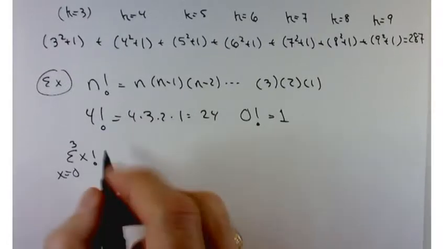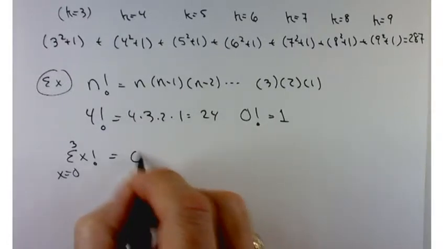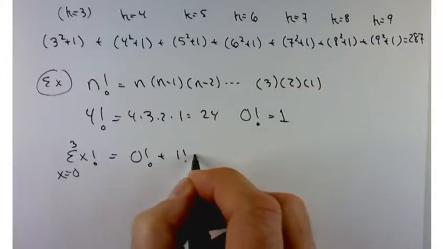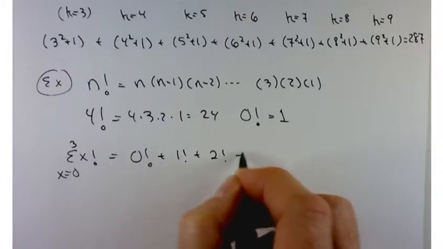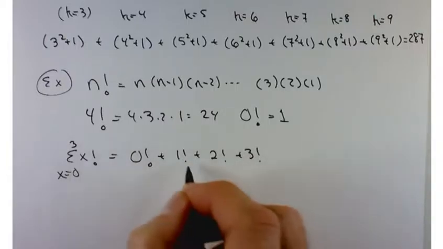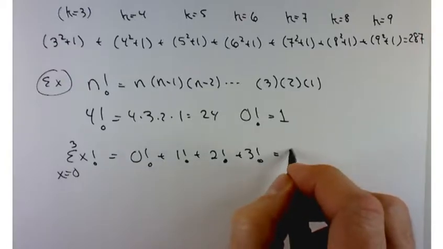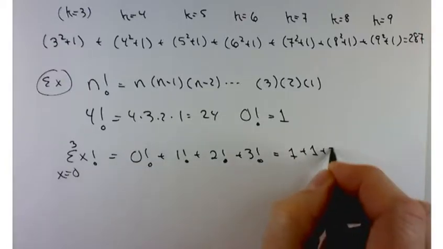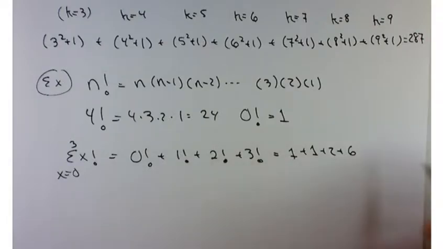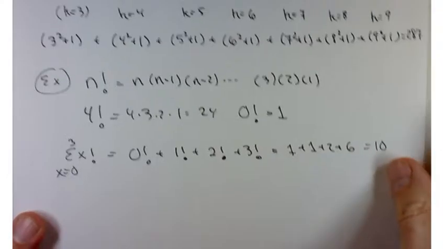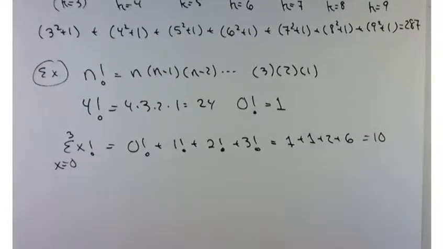What would that be? That would be 0 factorial plus 1 factorial plus 2 factorial plus 3 factorial. So 1 plus 1 plus 2 plus 6 gives me a total of 10. Again, the goal here is to understand this factorial notation and this summation notation.